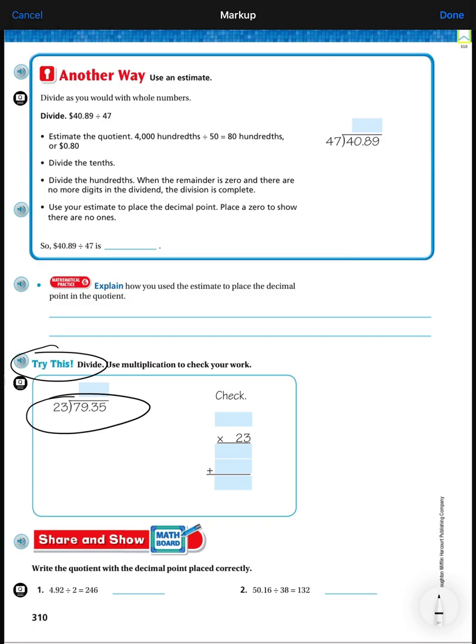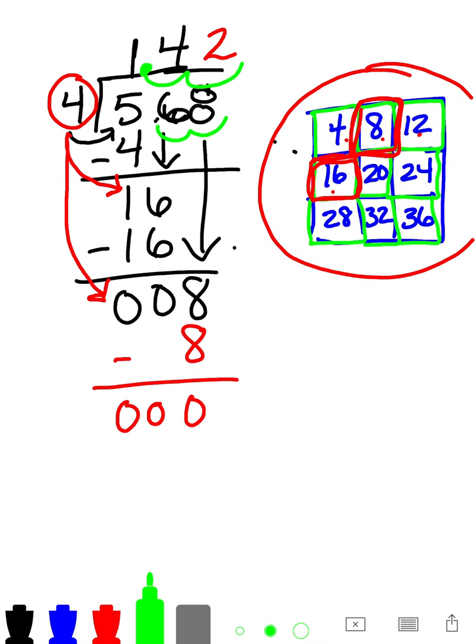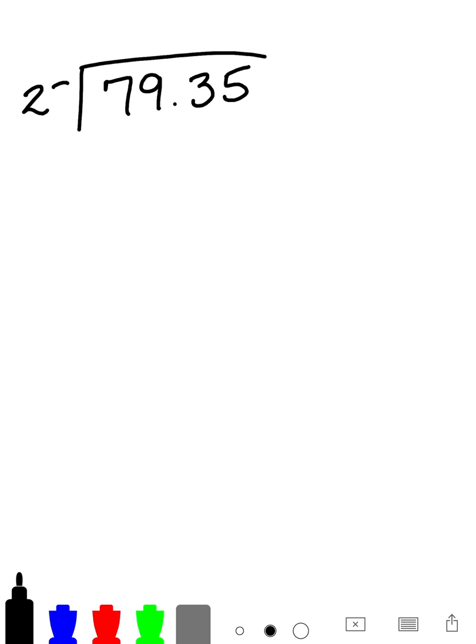I'm going to go to my whiteboard, and I'm actually going to write it over there so I have a little bit more room. Okay, so I'm going to come here, and I have 79.35 divided by 23. First thing I notice is that outside the cage is 2 digits.